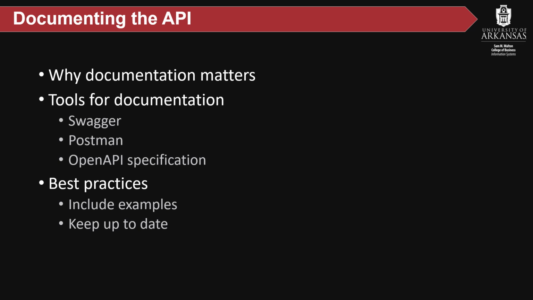At the very least, you need to specify your API because you'll be handing off your API to another team to use. And the last thing you want to do is be answering questions about how to use your API while you're trying to work on your own front end.